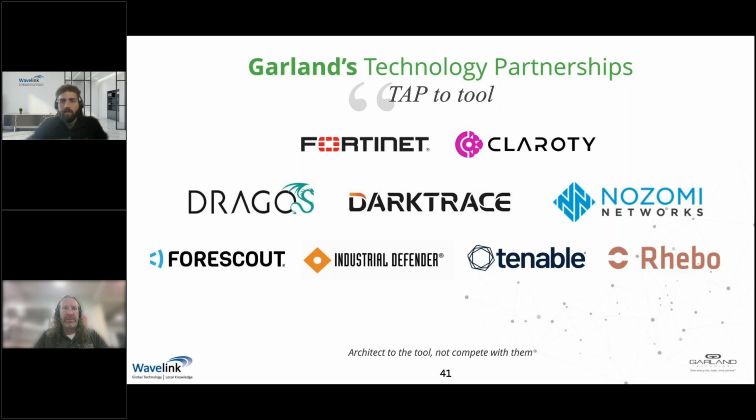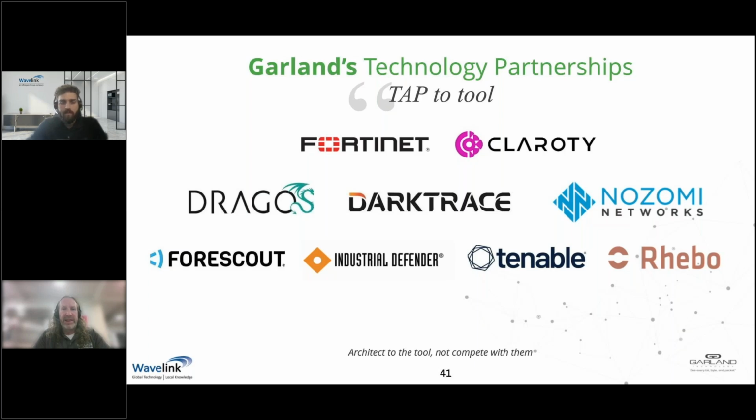That's really where we come into play: working with our partners and our customers to put a design together that's going to effectively get more traffic to the sensor so they can do their job.